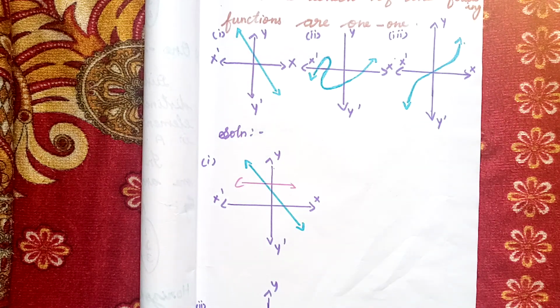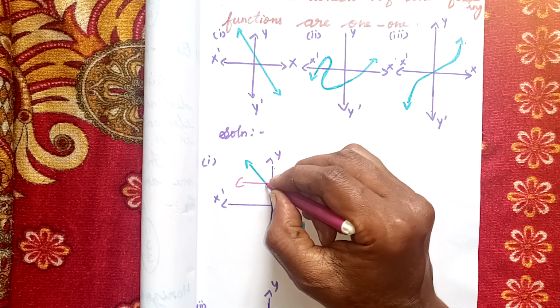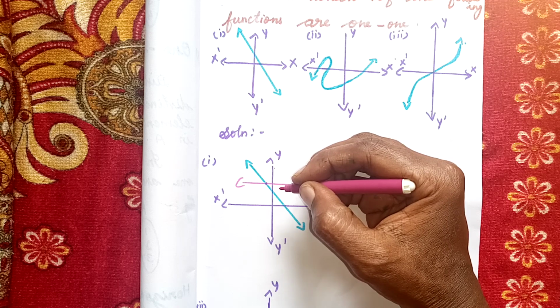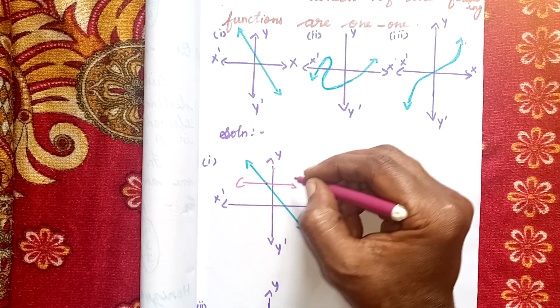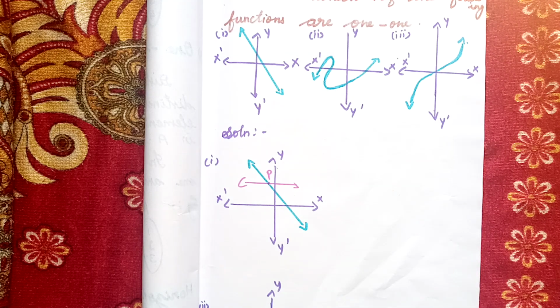Now, the horizontal line intersects the graph at only one point, that is P. So, which function is it? Therefore, it is a one-one function.